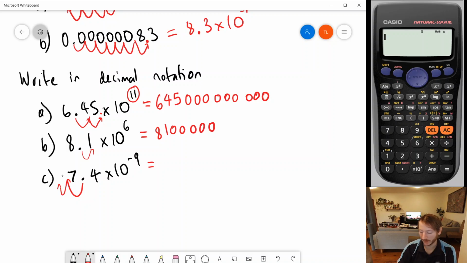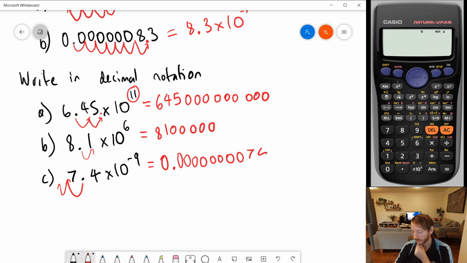And then I need to move again, so I'll add a 0 in front, etc. I need to work out how many zeros I add, but this one doesn't really count at the start because I haven't had to move the decimal point past it, have I? So we just need to keep that in mind when we're doing it, so we don't do too few or too many. So I've moved the decimal point once to get past the 7. I need to move it 8 more times. So that 0 doesn't count, and I've got 8 zeros here.